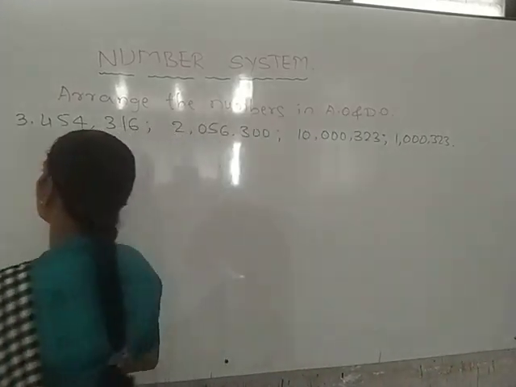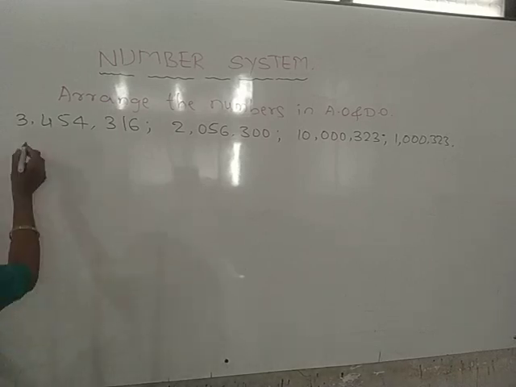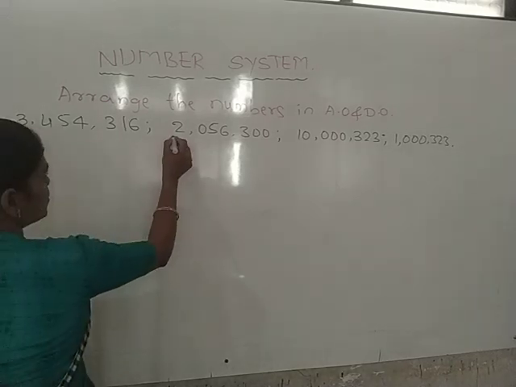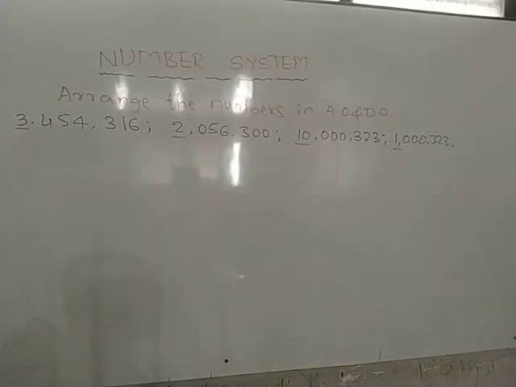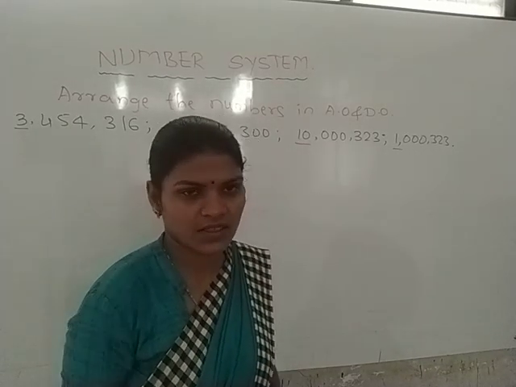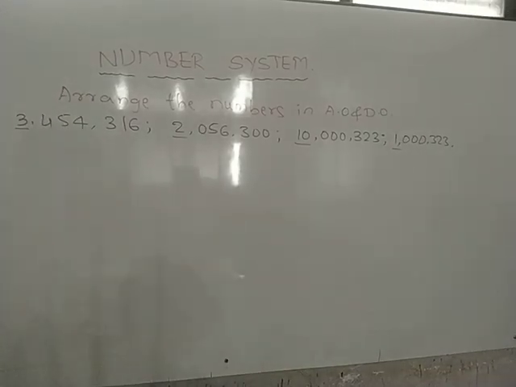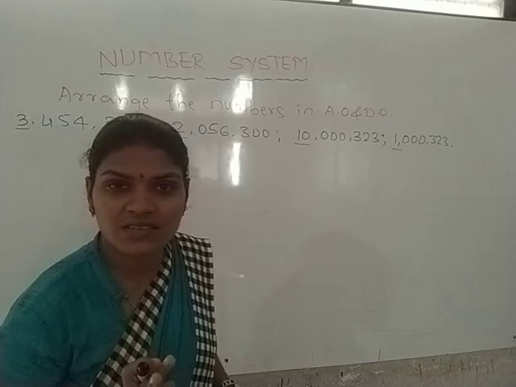So now, for ascending order, which is the least number here in between? Just observe here. 3 million it is, 2 million, 10 million, 1 million. If you observe the million place numbers here, you will get to know which one is greater. Between 3 million, 2 million, 1 million and 10 million, which one is the least?